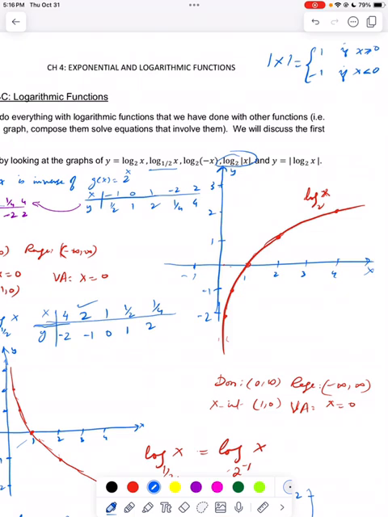So this definition suggests there should be two pieces in the graph of this function.